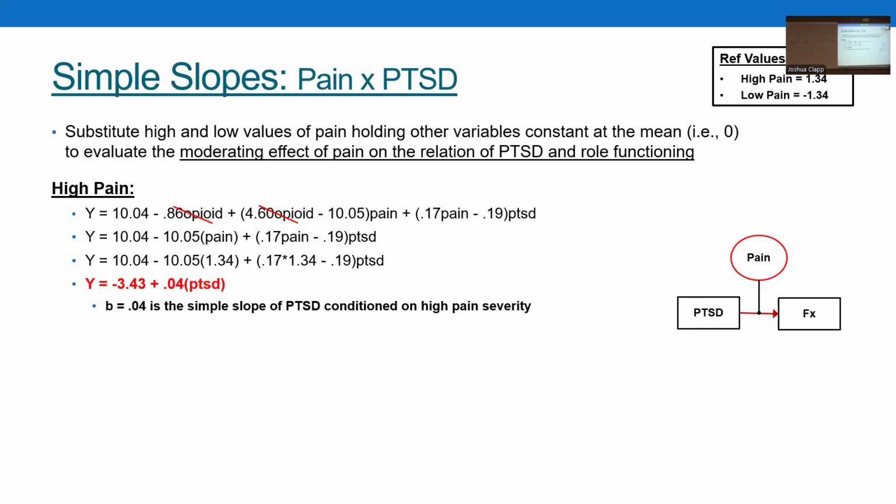This is my simple slope of PTSD conditioned on high pain severity. So holding pain constant at a standard deviation above the sample mean, I would expect for every unit increase in PTSD an increase in functioning of 0.04.